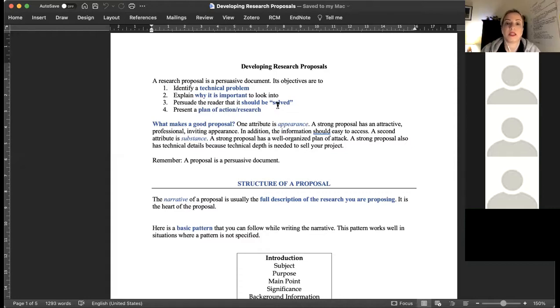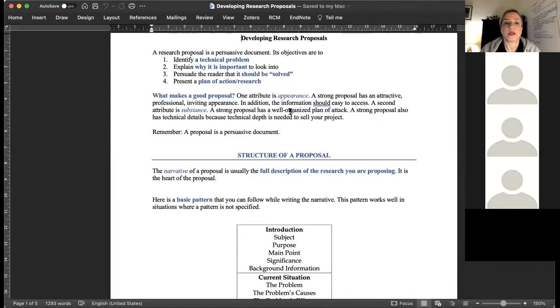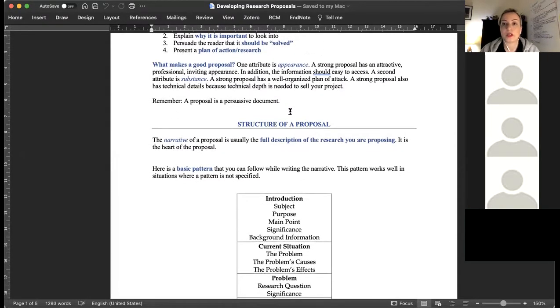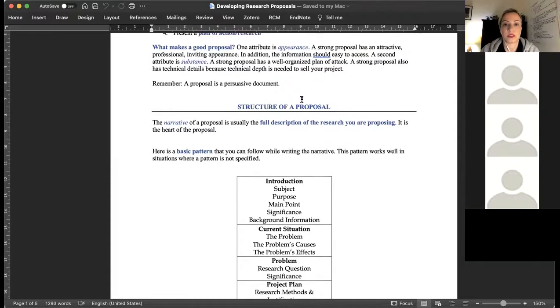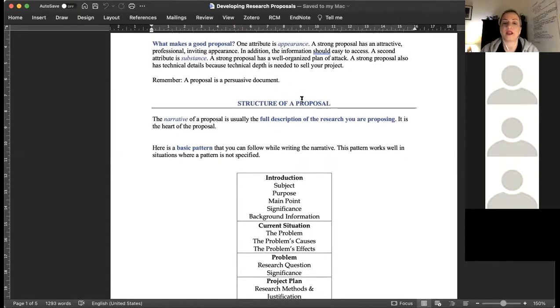This means that it should be a well-organized plan, and it has technical details because technical depth is required to sell your product or your project. So always remember, you're trying to persuade your reader into following your plan of action.